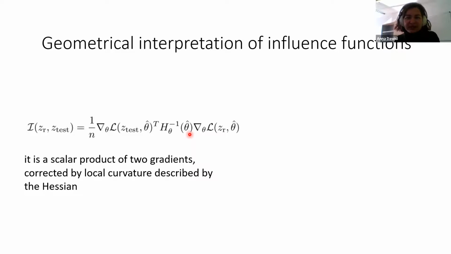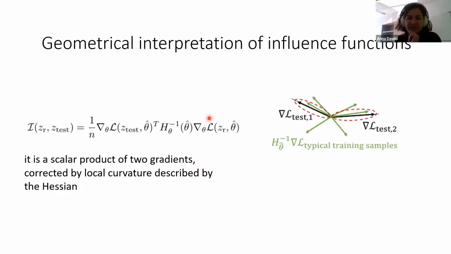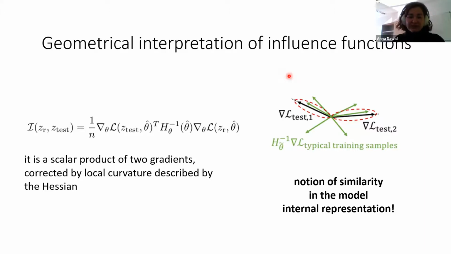You can think of it as a similarity measure between two points, the removed training point and the test point, corrected by how they are looked at by the model. So this influence will be large for similar gradients, similar vectors, and smaller for more different vectors, right? So this gives you a notion of similarity in the model's internal representation.